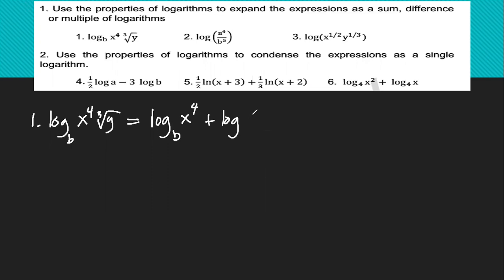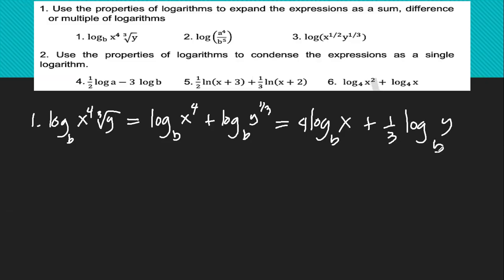So simply write this as log of y to the power of 1/3 base b. So the next thing is we have the exponent here, so it can be written beside it as well as this 1/3. So you will have 4 log of x base b plus 1/3 log of y base b.